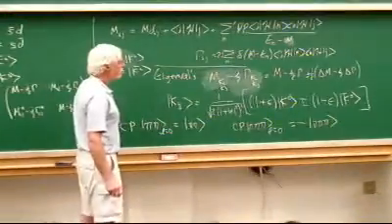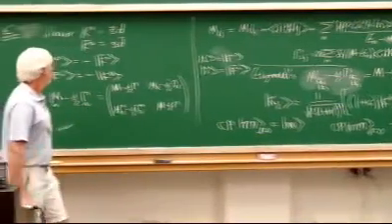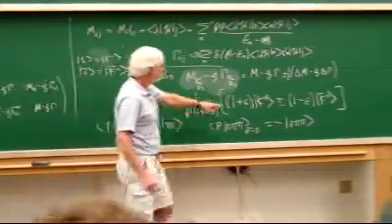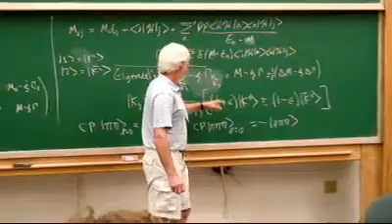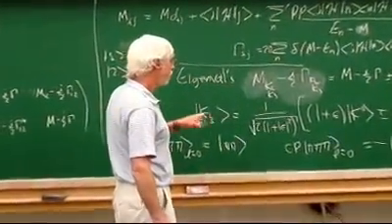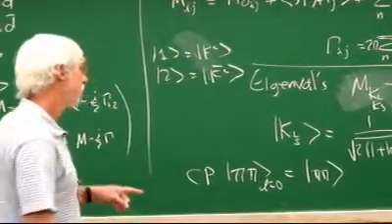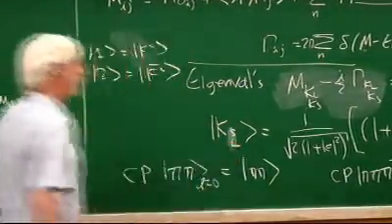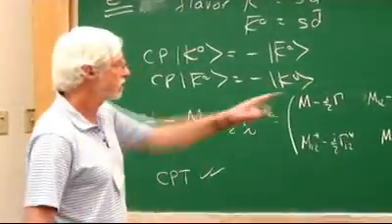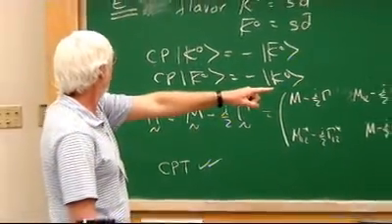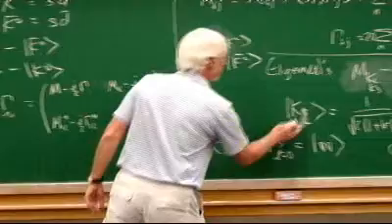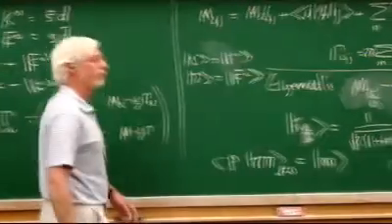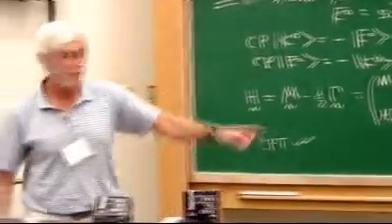So, if CP were a good symmetry, epsilon would be 0, and the sum of these two states would be... no, I haven't got it right. Sorry. I said it wrong in words, but I have it right on the board.